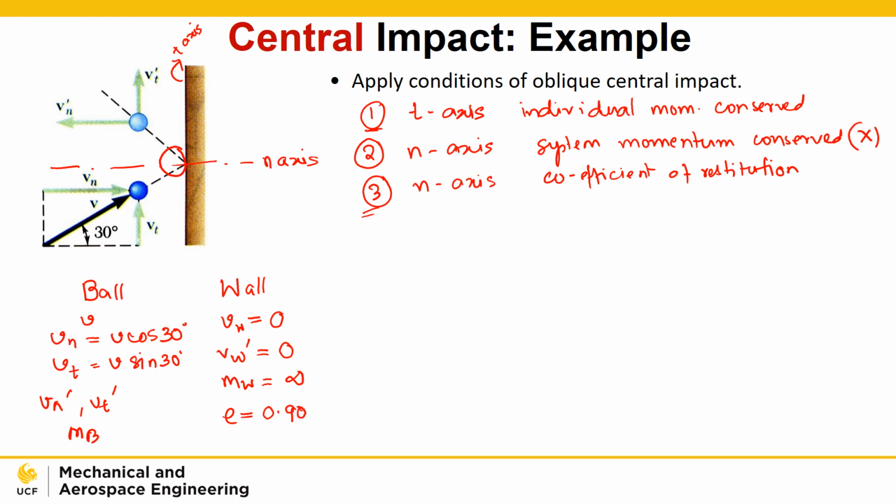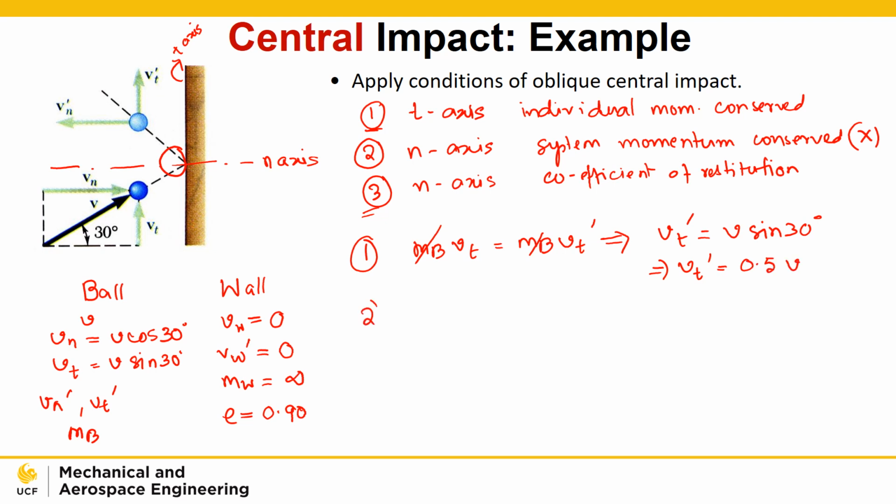So now if we apply condition 1, which is the individual momentum is conserved, for the ball, then from 1 we can write mb Vt is equal to mb Vt prime. mb cancels out, therefore Vt prime is equal to Vt, and Vt is V sin 30, or we can write Vt prime is equal to 0.5 V.